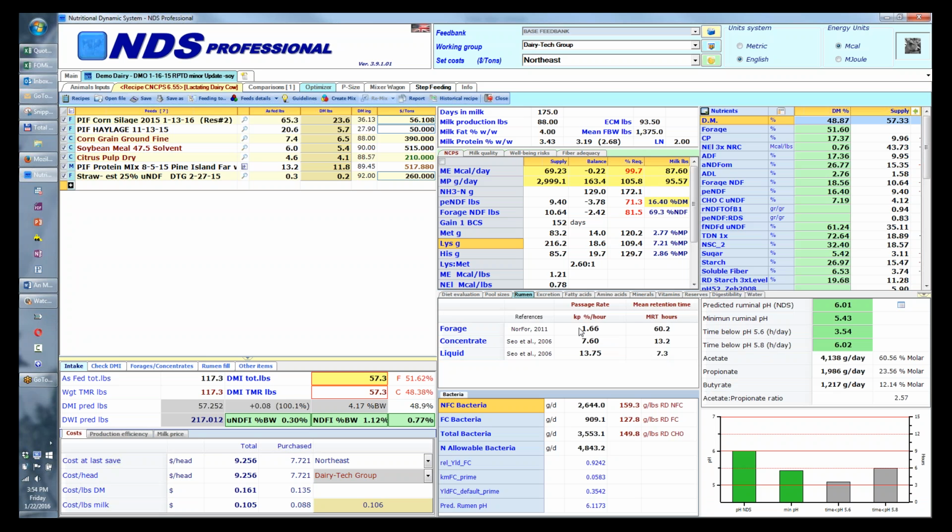It's going to change the nutrient supply to the animal, and it's going to require us to pay more attention. I think the bottom line is this version of the model is improving the accuracy of the model, but it's also going to require us to pay closer attention to the cows and how we describe them.